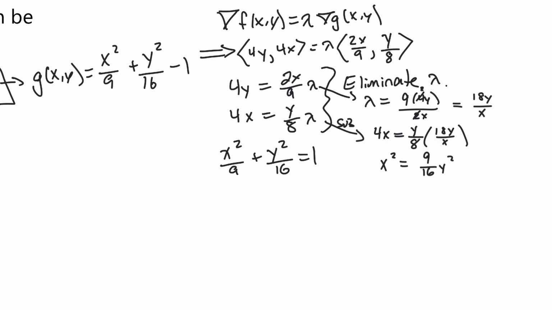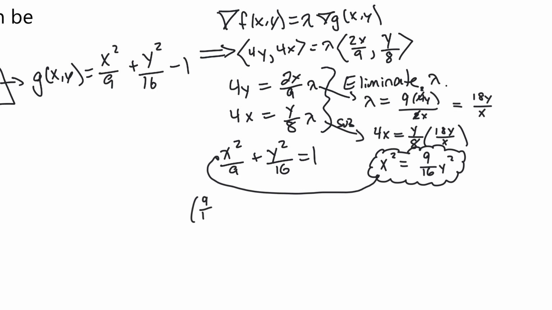So we've eliminated lambda. Just highlight this equation. We've eliminated lambda. So that's going to give us the power of substituting this x squared into this equation. So now we can say that's going to be 9 over 16 y squared times 1 over 9 plus y squared over 16 is equal to 1.